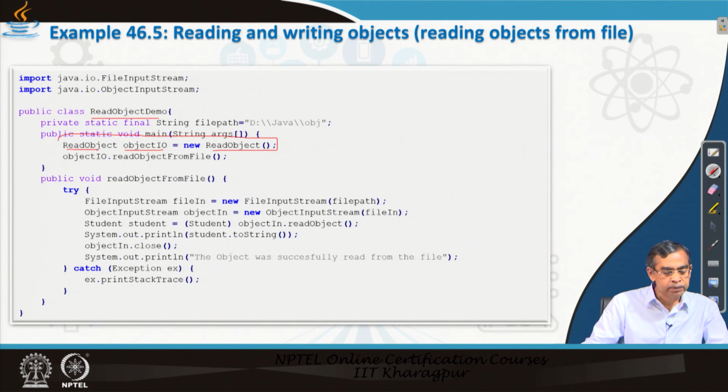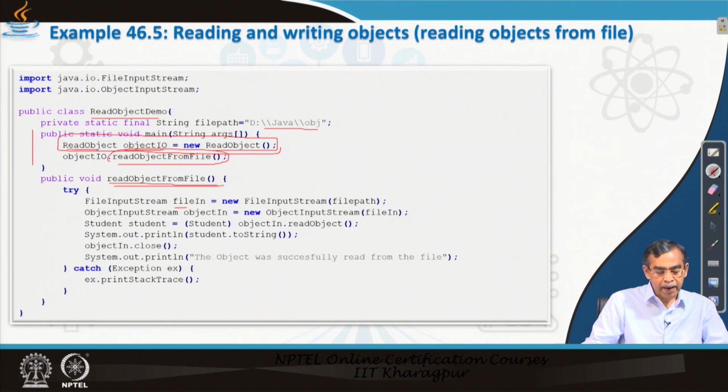The object is created from the file, and this is the name of the file from where we want to read the object. Then the read object from file method, we want to define. So, we are defining this method here, this is the main method that we write, and this is the method which we have to discuss here.